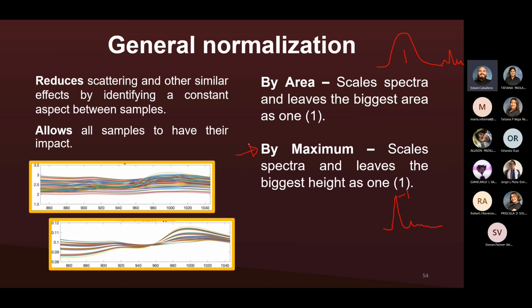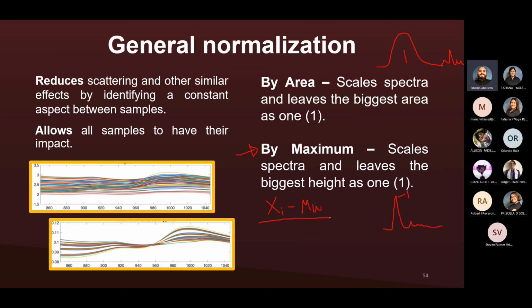This in particular is one that's used a lot in spectral analysis. Usually it's one of the first things you do. You normalize by the maximum. And the way you do this is by taking one point at a time of the intensities, as we did with SNV, and you subtract the minimum of the intensities of your spectrum.